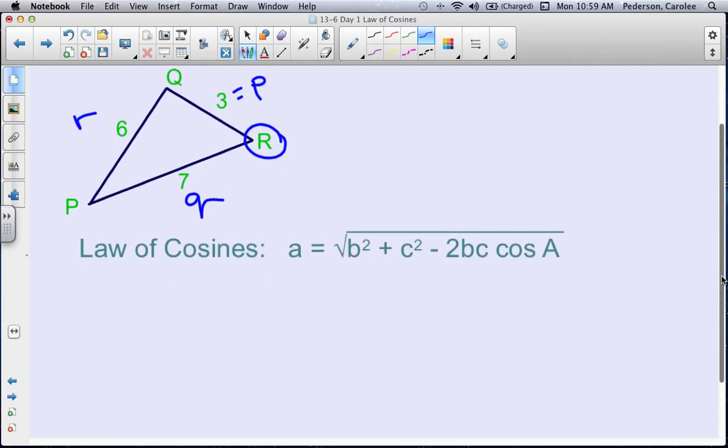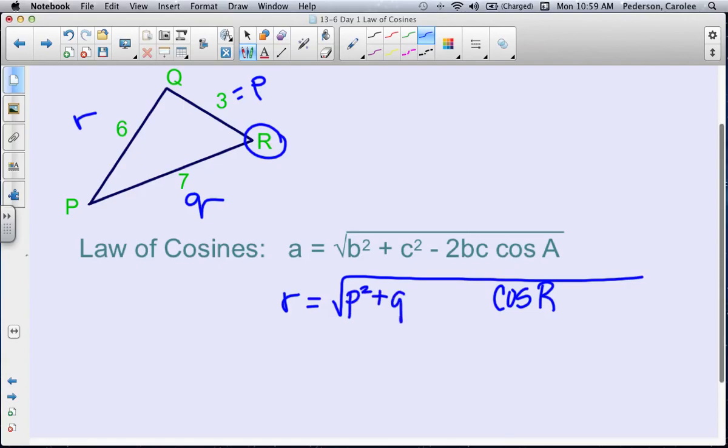If you're not, then rewrite this. If we're working with angle R, then it's going to be the cosine of R, and then our side length r, and then our two other letters that we're working with are P and Q. So r squared equals P squared plus Q squared minus 2PQ, and then cosine of R.